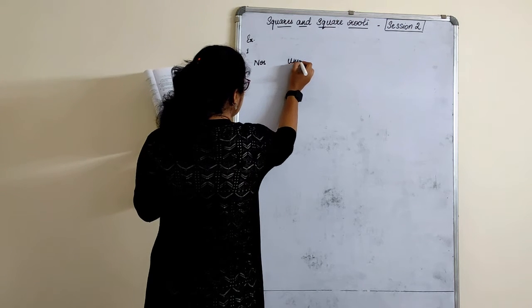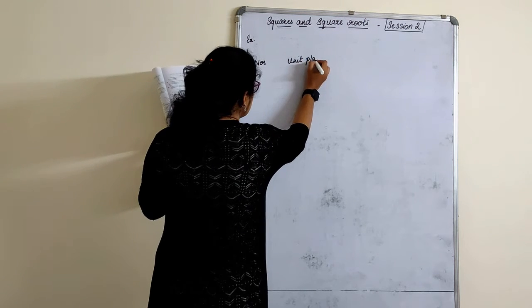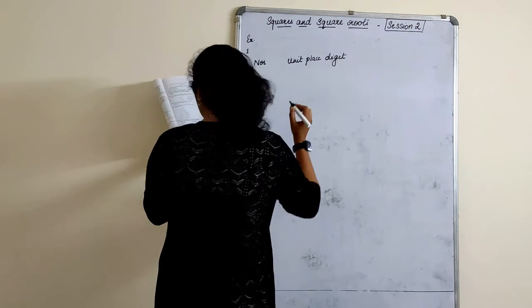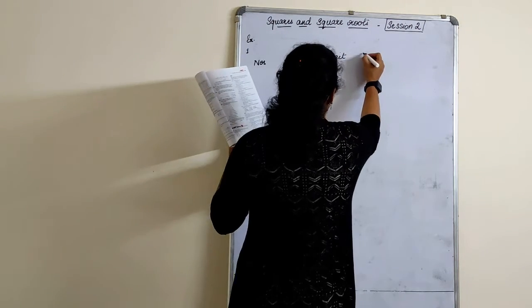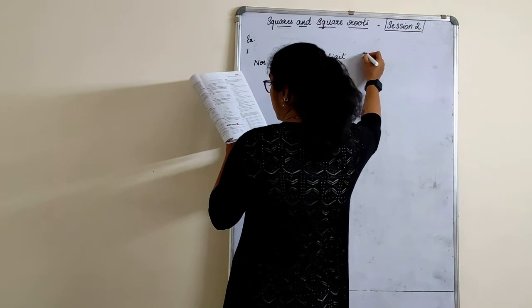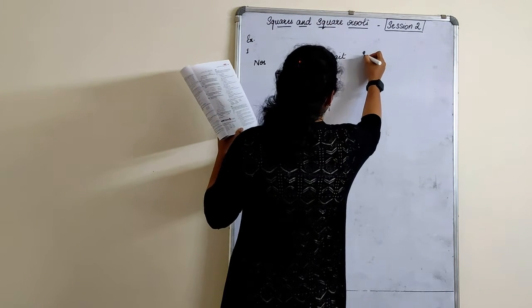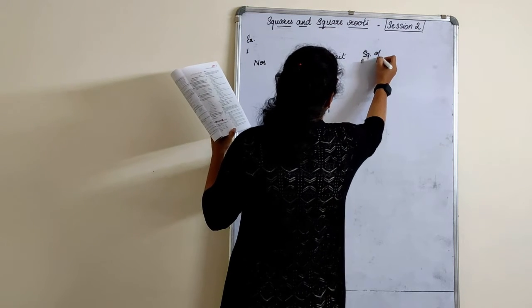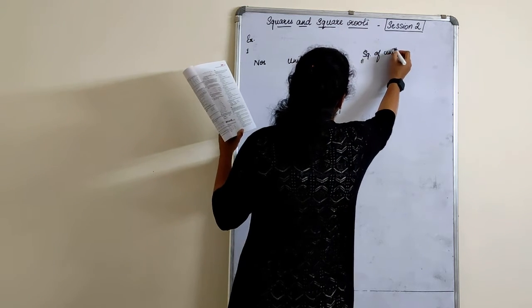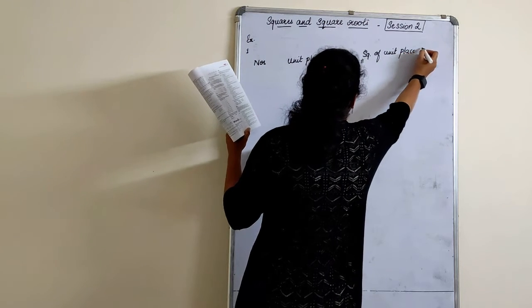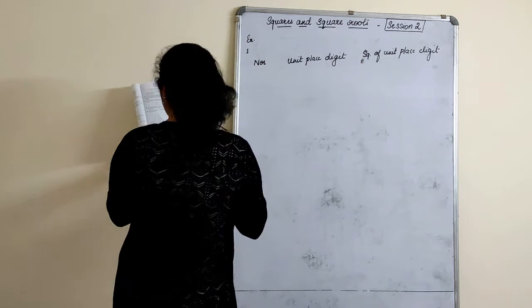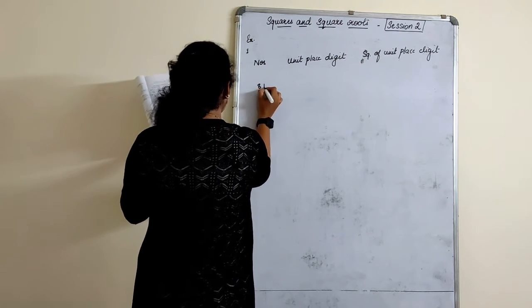So this is the unit place digit, and next is the square of the unit place digit. We'll make this like a tabular column and do it. It will be very easy.